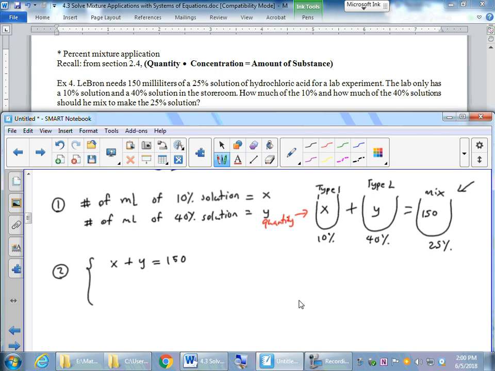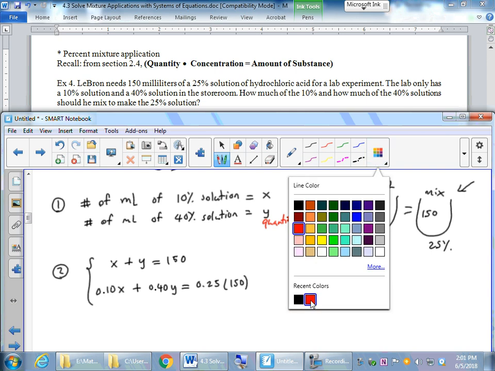And the next one is to set it up on the amount of substance. So amount of substance is quantity times the concentration. So type 1 will be 0.10 times the quantity, and the second type will be 0.40 times Y. So these two amounts of substance combined together should be equal to the amount of substance in the mixture, which is 0.25 times 150.